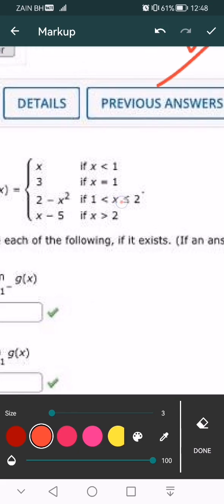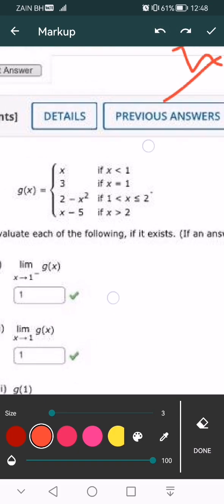Greater than 1 means what? Is it at 1? No, greater than 1 means 1.1. And you also have to use this function if it is 3, 4, 5, 6.